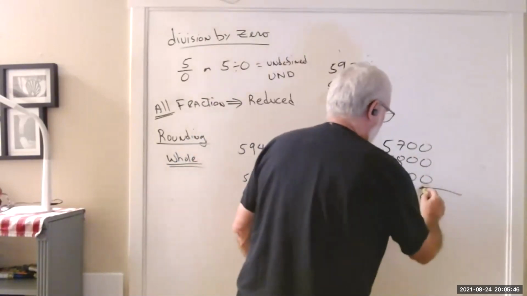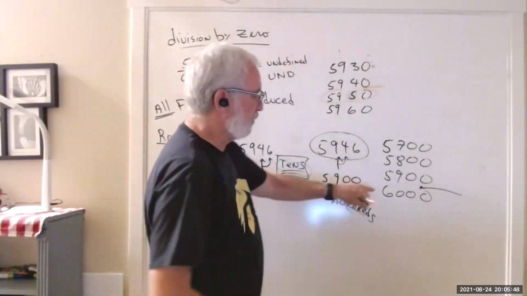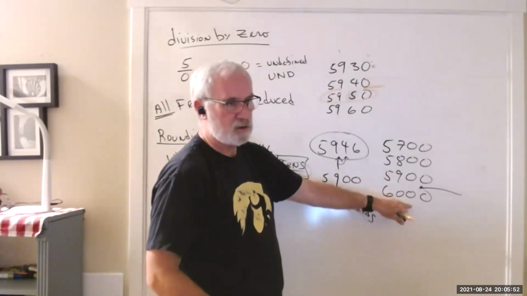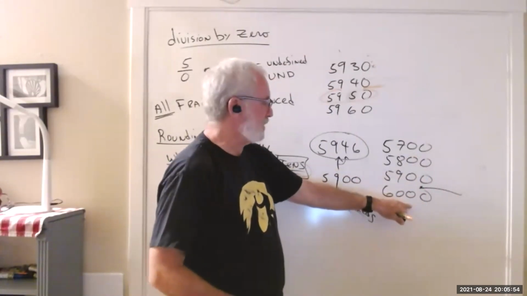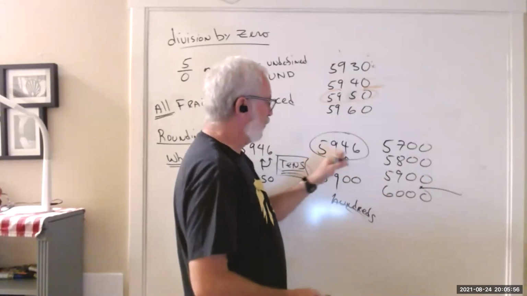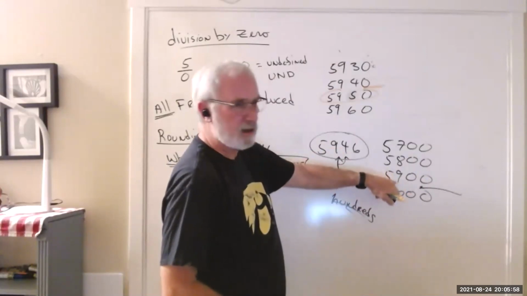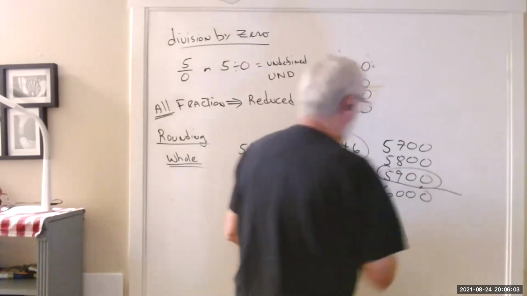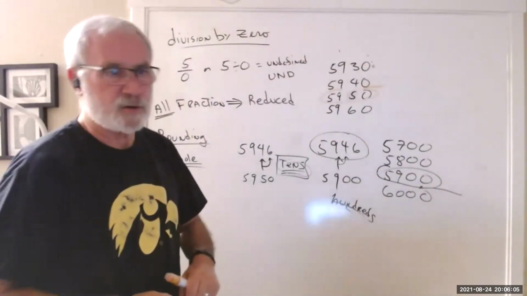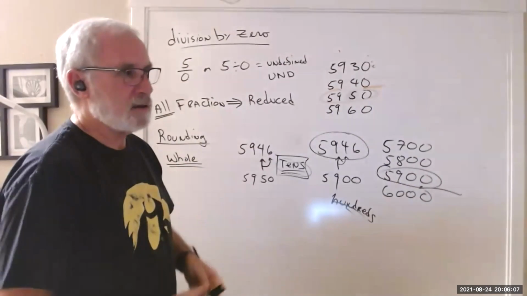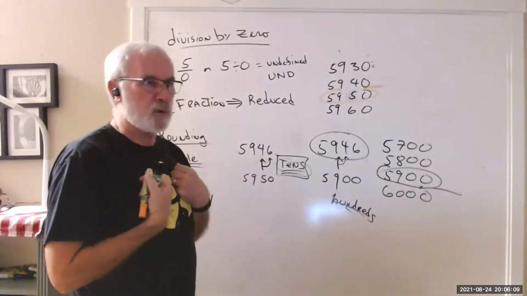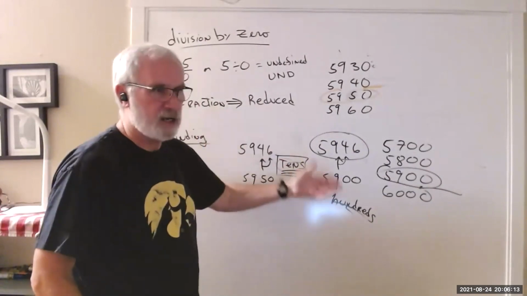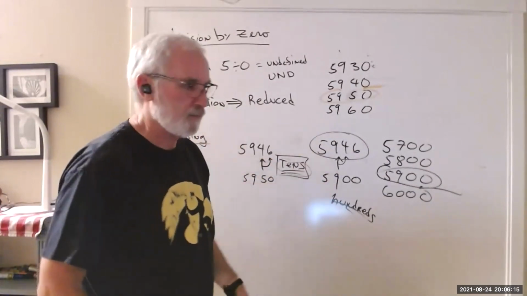Well, it fits right in there. 5946 is between 5,900 and 6,000. But what is it closest to? Is 46 closer to 900, or is it closer to 6,000? It's closer to 900, and that's how we get the answer. Again, the teacher part of me says I want to show you where the rule comes from, but after I show you this, I don't care how you get it, just round the problem.